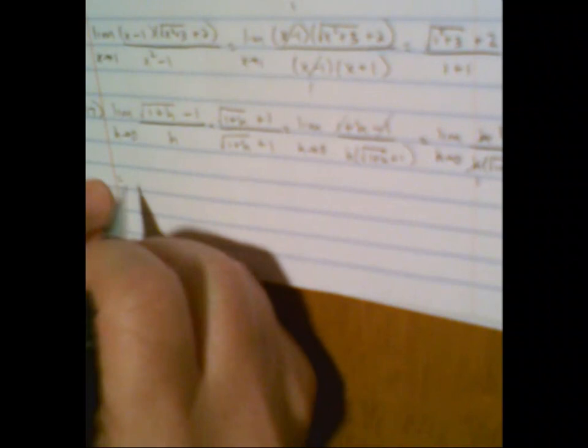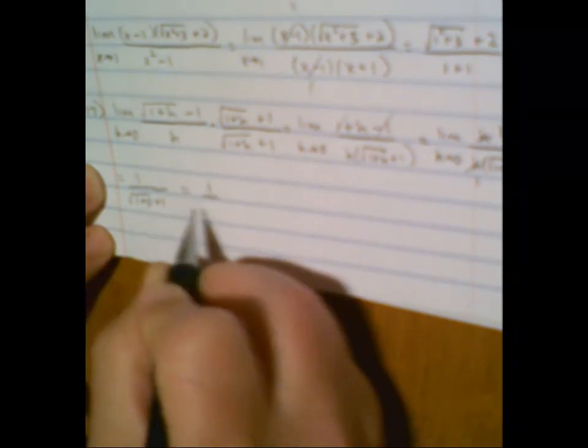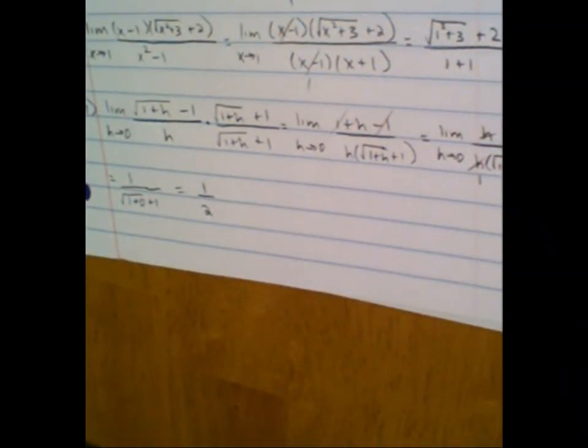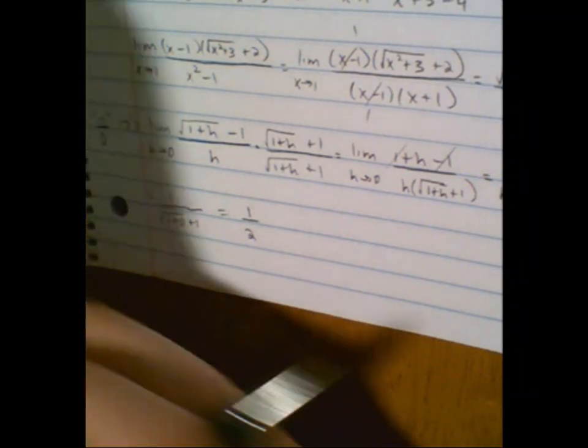So I'm going to have 1 over the square root of 1 plus 0 plus 1 is 1 over the square root of 1 is 1. Square root of 1 plus 1 is 2. So 17, the answer is 1/2 for number 17. Okay? Next up, number 19.